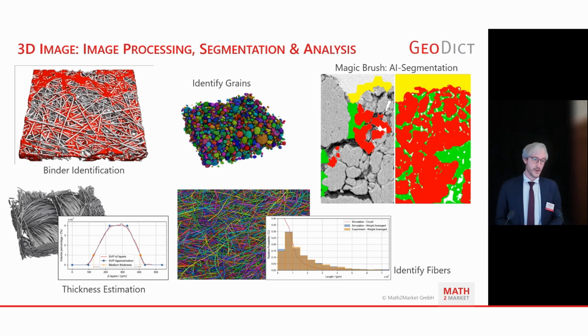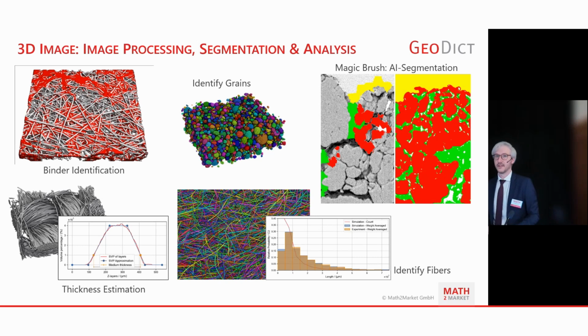Then another example on the bottom left, the thickness estimation for structures, which is also very helpful. And on the bottom right, the identification of single fibers. And when I started today in the opening talk, I said, well, to measure the fiber length of a non-woven, this can't be done in an experiment.